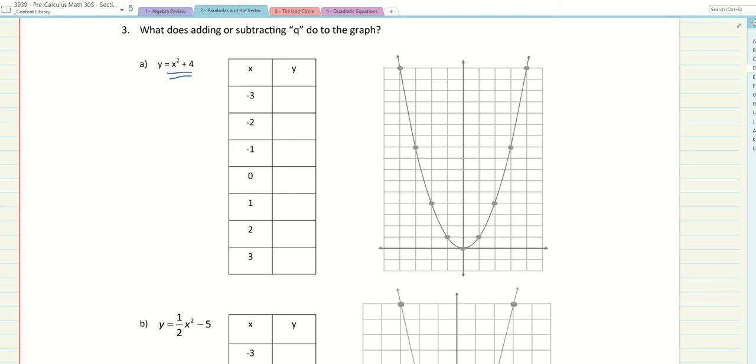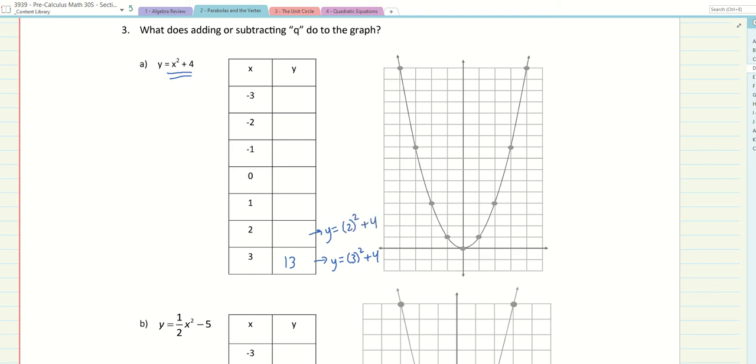Well, let's dig into this and see what we get. Here we've got y is equal to 3 squared, x squared plus 4. So 9 plus 4 is 13. If I keep doing that real quick, you can pause the video and put in these numbers. Okay, we're back. So y is equal to, let's plug in a 2, square it and add 4.